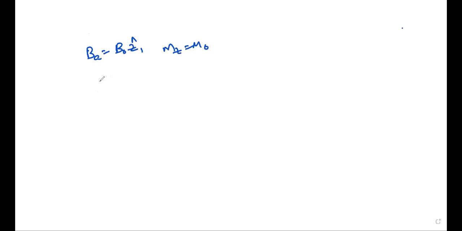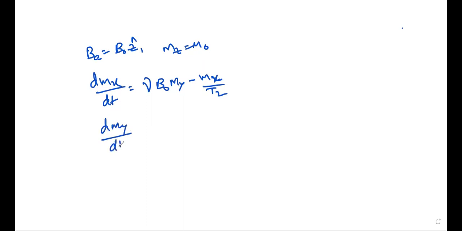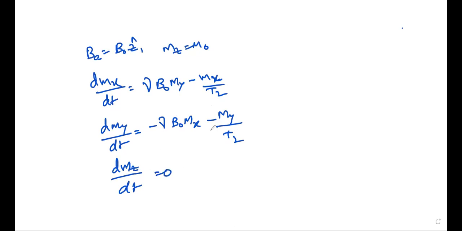So the Bloch equations are dMx by dt is equal to gamma B0 My minus Mx by T2, and dMy by dt is equal to minus gamma B0 Mx minus My by T2, and dMz by dt is equal to 0.